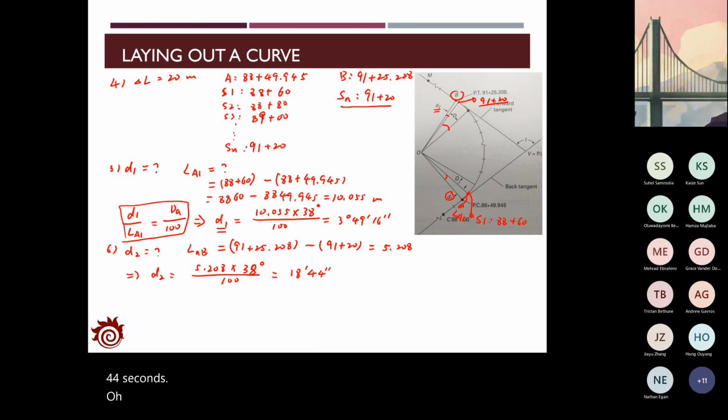No, that's not the way. That's what we get for the value of D2.